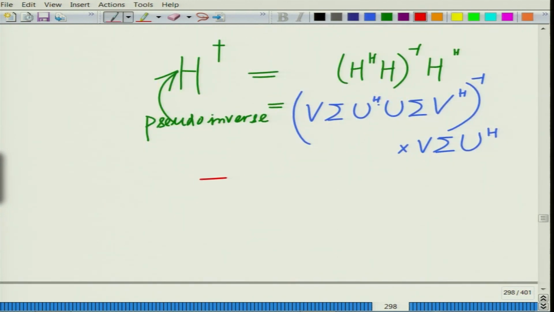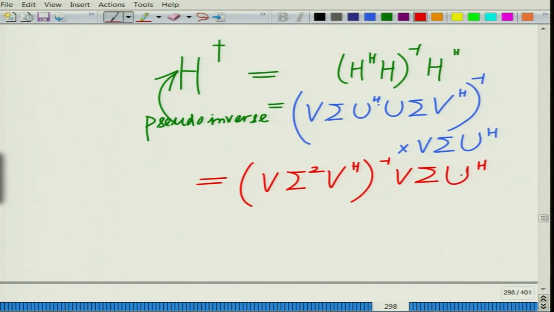So, this becomes V sigma square V Hermitian inverse V sigma U Hermitian. So, this becomes V sigma square V Hermitian inverse. V Hermitian inverse is V, and sigma square inverse is sigma raised to minus 2.